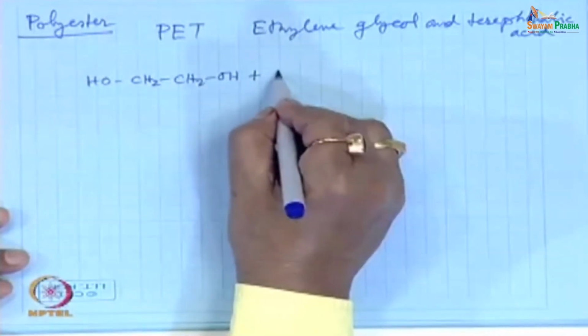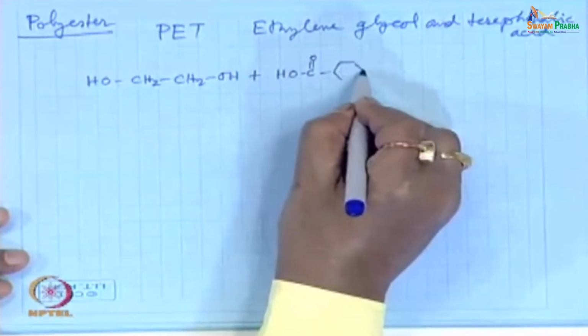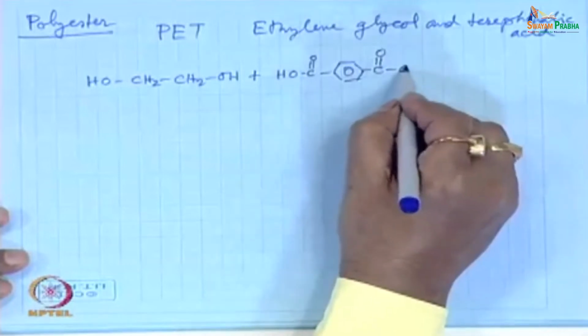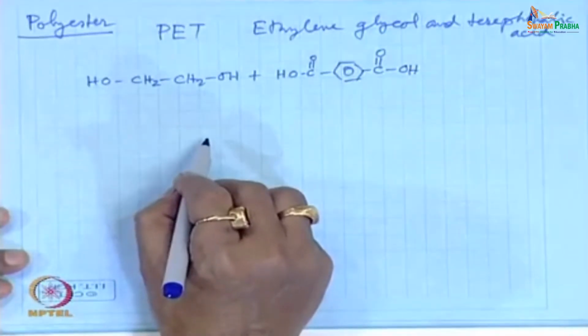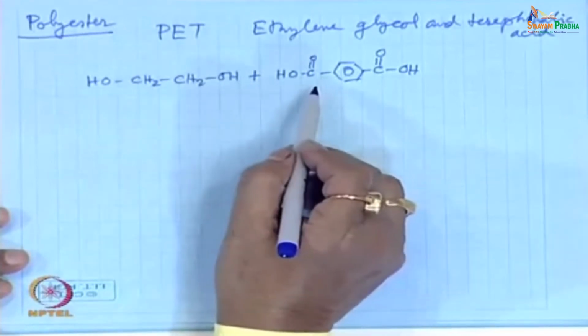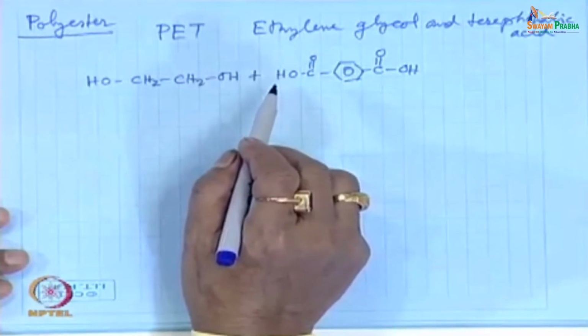What is terephthalic acid? Terephthalic acid. So, these two, this is an alcohol and acid. You know, when an alcohol reacts with an acid, the product is an ester with the elimination of a small molecule as byproduct.